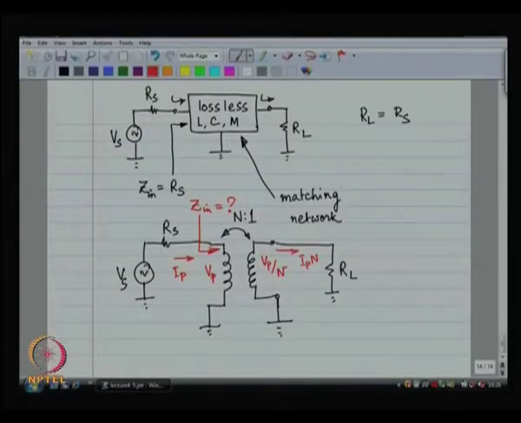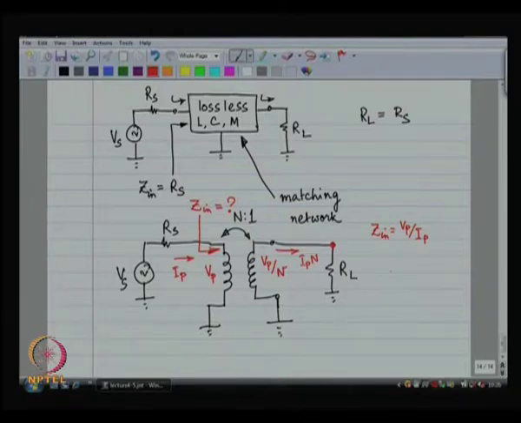So, the impedance looking into the primary is V primary by I primary. And what is the relationship between V primary and I primary? We know the relationship at the load.